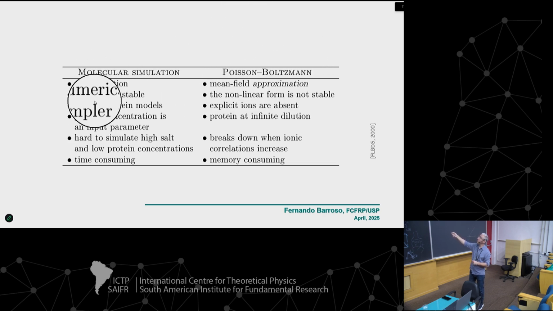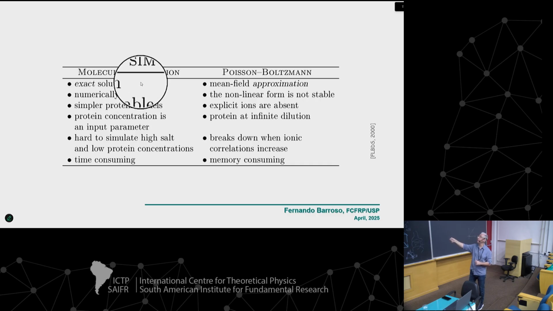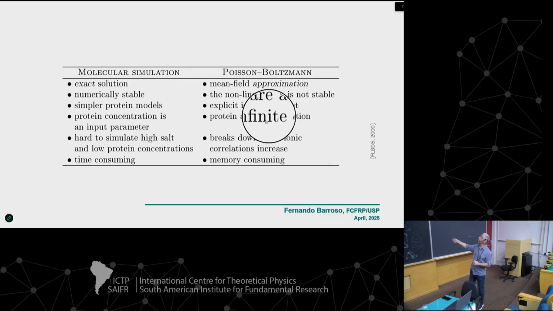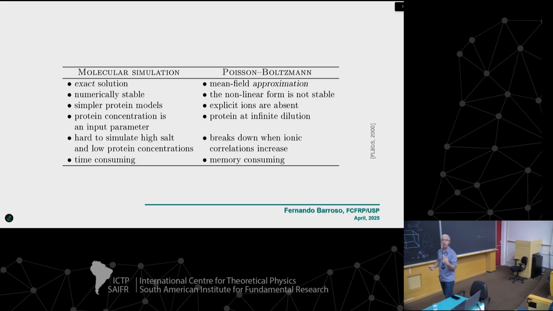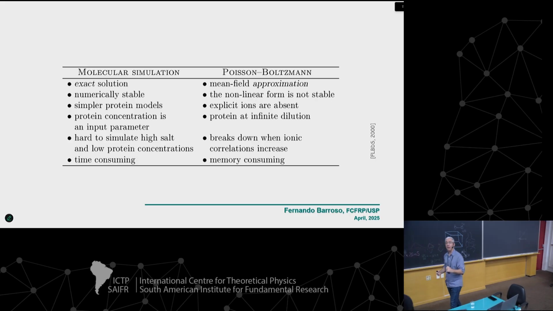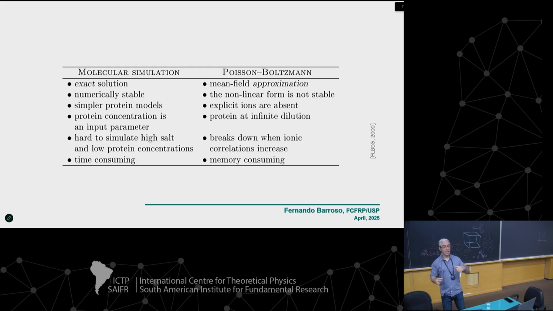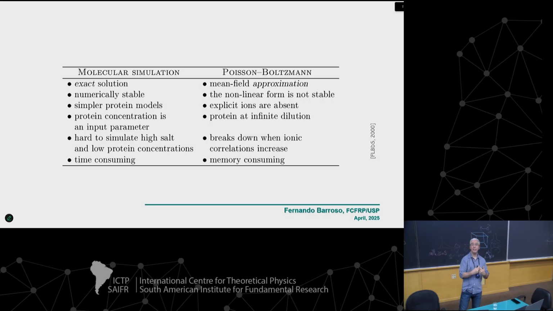The numerical solution of Monte Carlo, for instance, is more stable than the nonlinear form of the Poisson-Boltzmann. Here, you can define the protein concentration as an input parameter, while in Poisson-Boltzmann you typically assume infinite dilution. There are ways to correct it, for instance, by changing your Debye-Hückel parameter. You can rewrite your Debye-Hückel parameter in another way, so that you incorporate the protein concentration as well, but it's not often done.